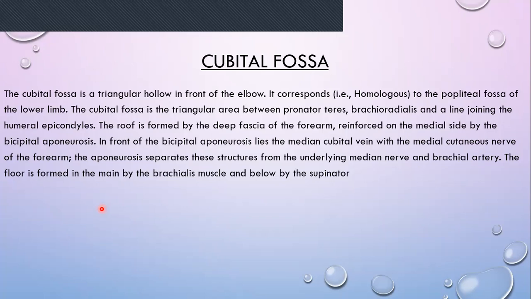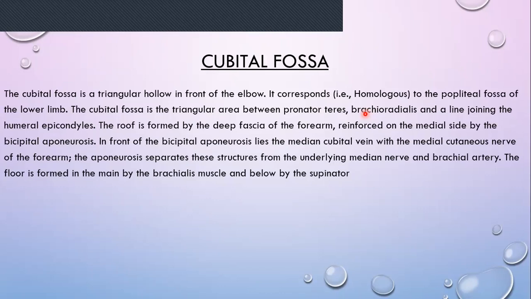Now, it is a triangular area. Pronator teres forms the medial boundary. Brachioradialis muscle forms the lateral boundary, and the base is formed by an imaginary horizontal line which joins the humeral epicondyles.